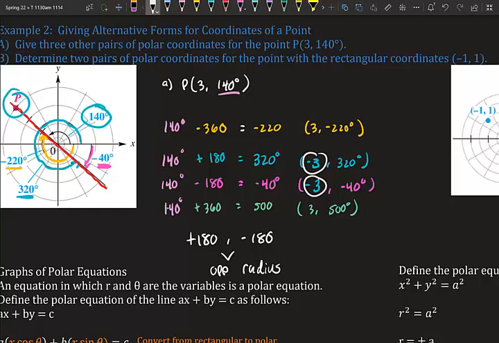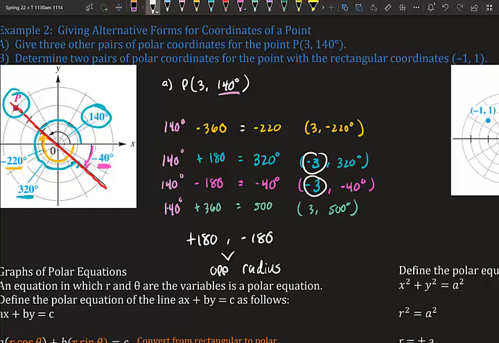It exists at 140. Negative 40 and 140, they're opposites of each other. So graph them, then you'll be able to determine whether it should be positive or negative for your r. 180s, they're usually opposite your radius. They're usually going to be negatives, usually. But always graph it, just to double check.